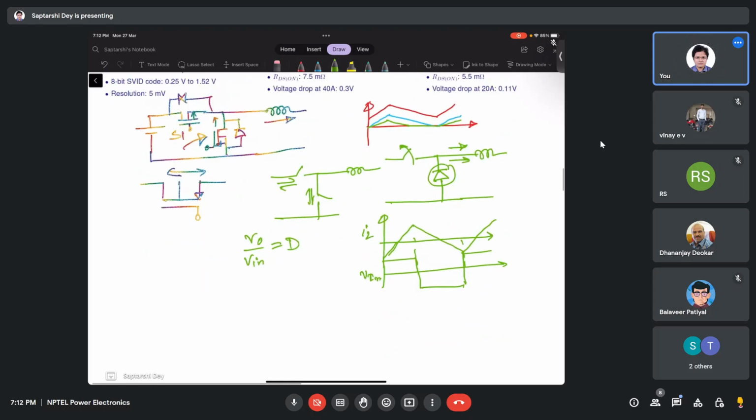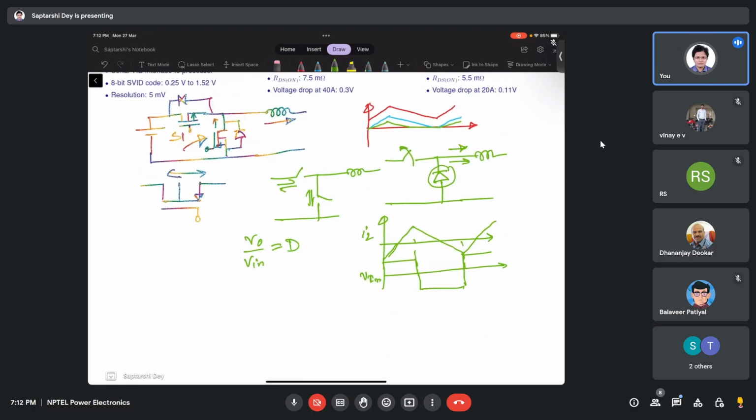All right. One more thing about the synchronous buck converter is that, say I am drawing the buck converter once again. This is the buck converter, right? I can always replace the diode with a switch because this diode is nothing but a switch.